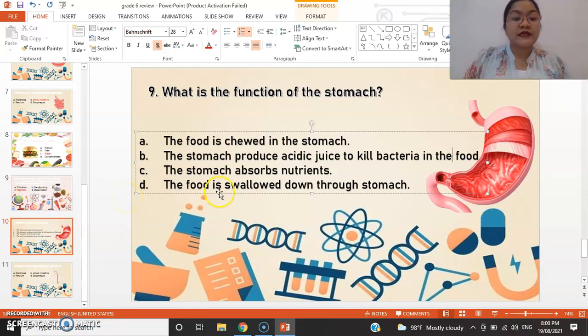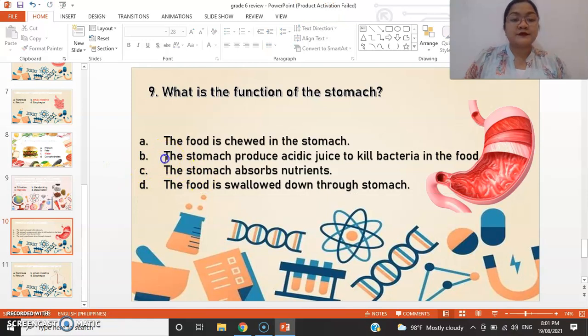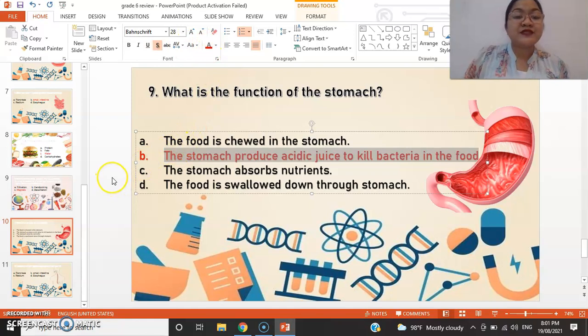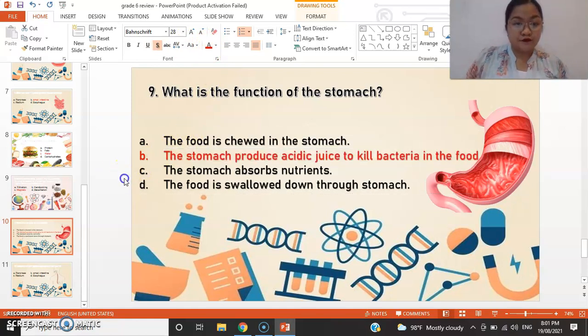Or letter D, the food is swallowed down through stomach. What is your answer? 5, 4, 3, 2, 1. Very good. The correct answer is letter B. The stomach produces acidic juice to kill bacteria in our food.